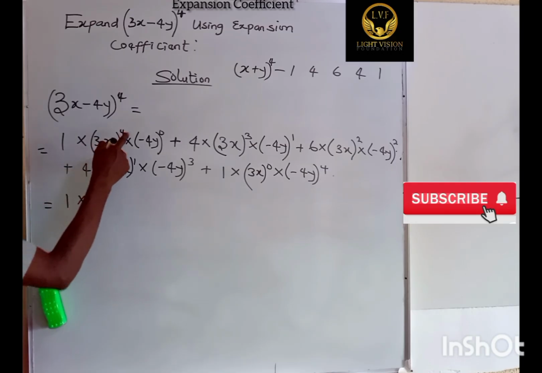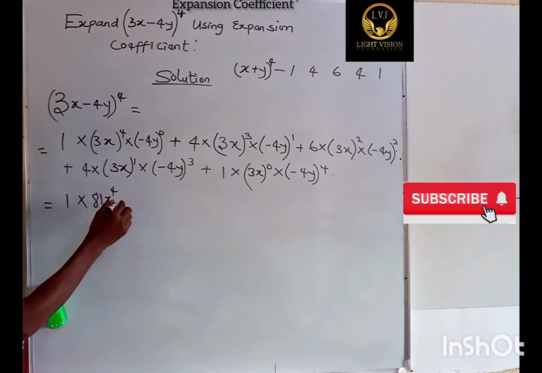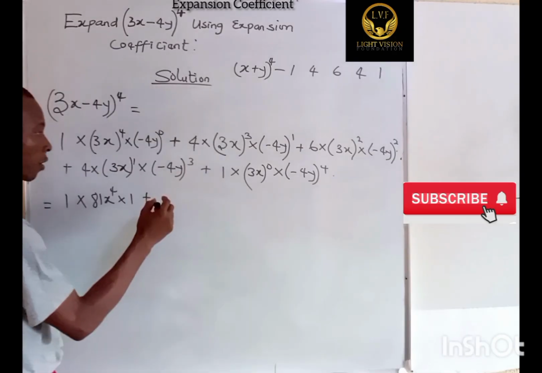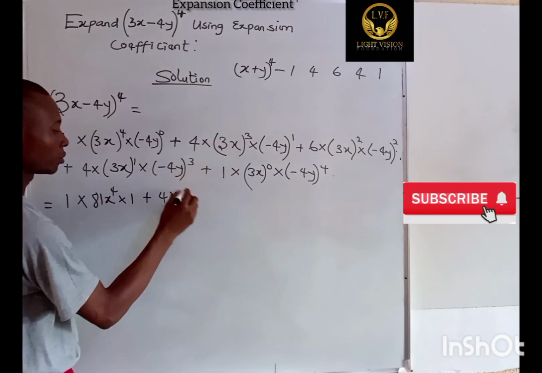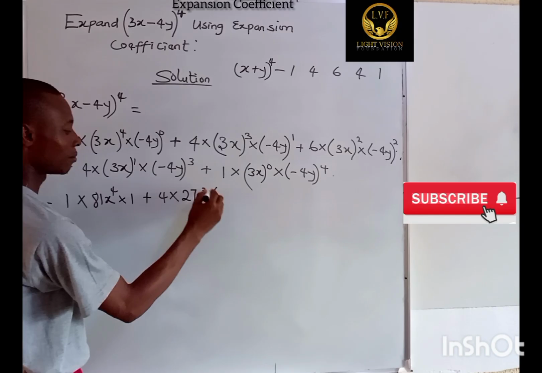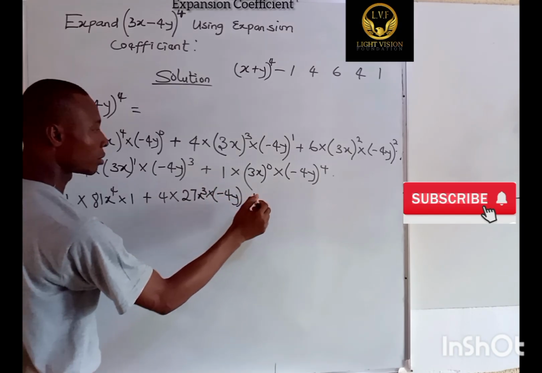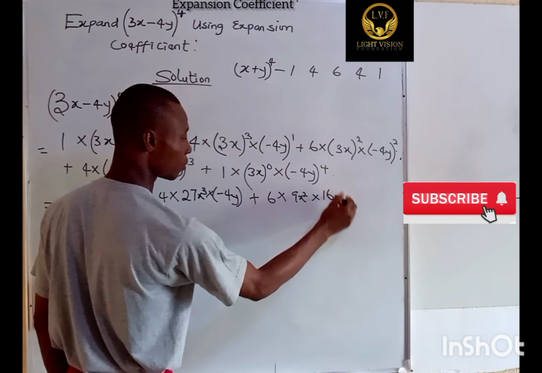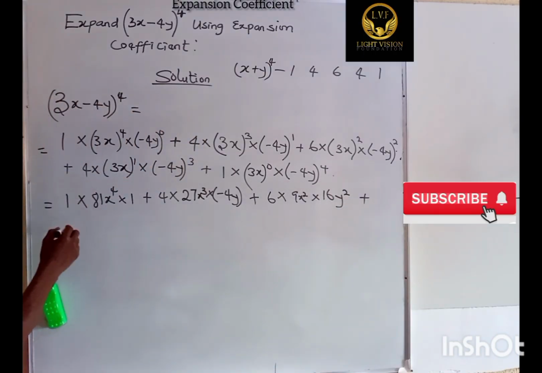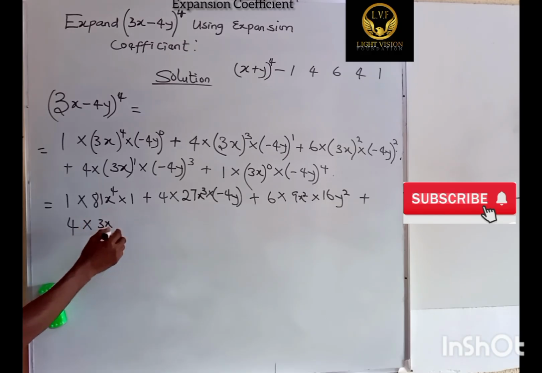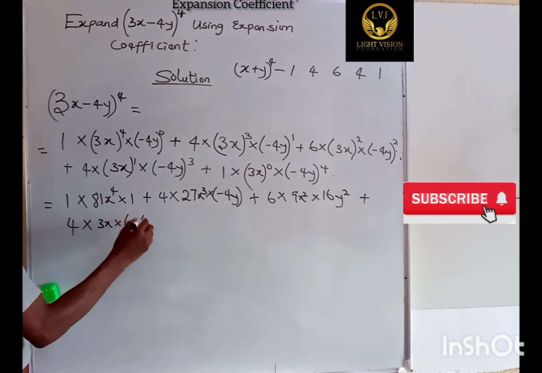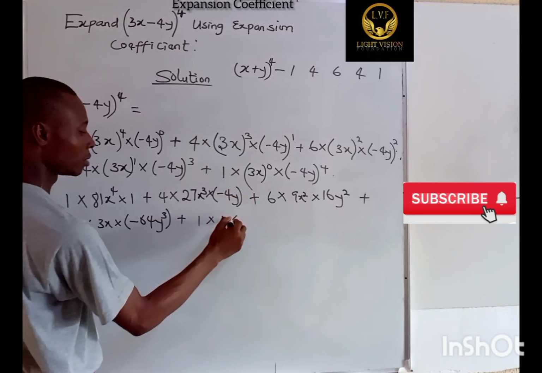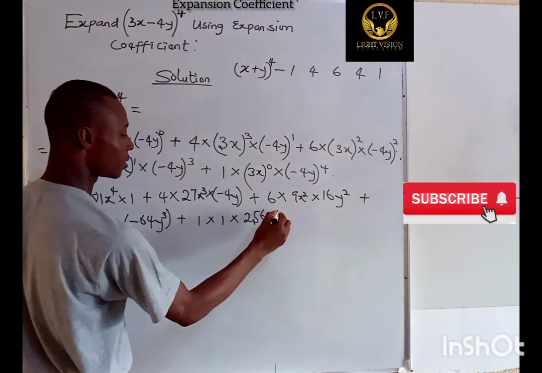1 times (3x)^4 becomes 81x^4 times 1, because (−4y) raised to the power of 0 is 1, plus 4 times (3x)^3, which becomes 27x^3 times −4y, plus next one, 6 times 9x^2 times 16y^2, plus 4 times 3x times −64y^3, plus 1 times 1 times 256y^4.